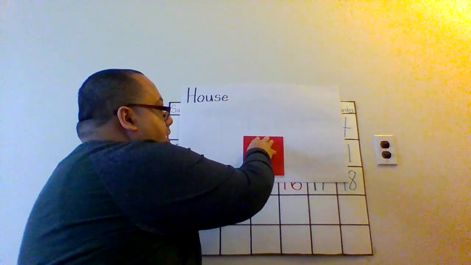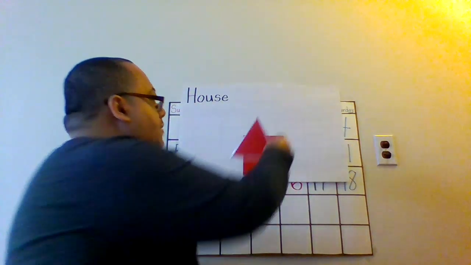So I'm going to put my square right there because I need to leave some space for the next shape of my house. Every house has what? A roof. Yes, a roof. Usually, not all of them, the roof is what shape? A triangle. So today, I think it should go this way.